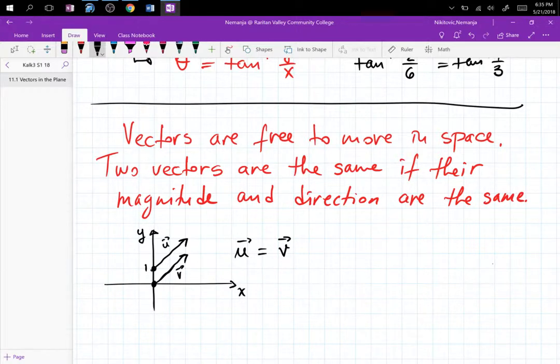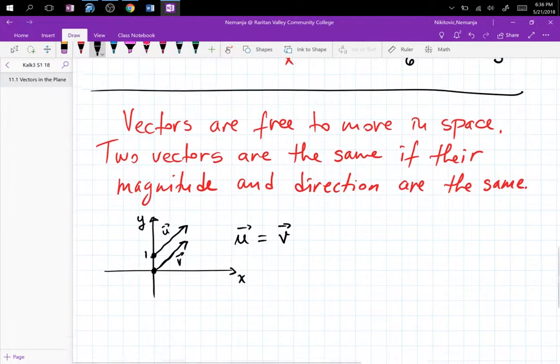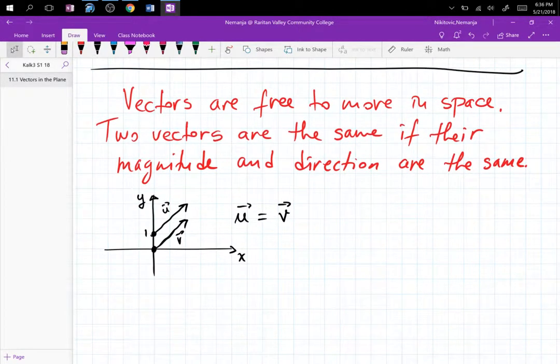These two vectors are the same. We don't care about their location in the system. What we care is that they have the same direction, which is 45 degrees in this case, pi over 4, and that they have the magnitude of, what is this, 2 square root of 2? So that's all we care about. And that will be useful later on.